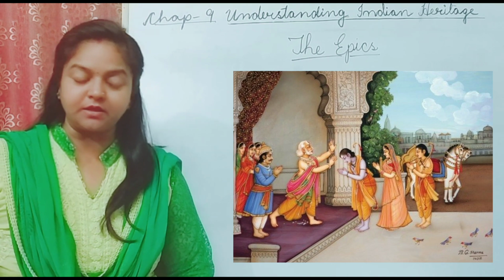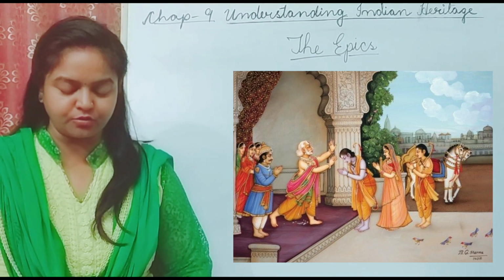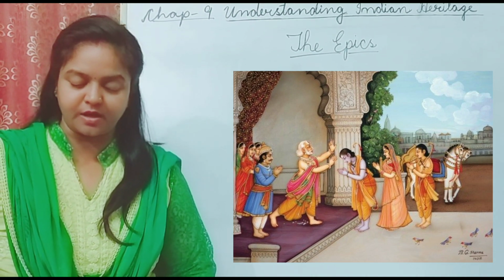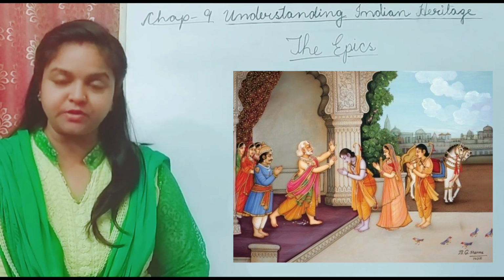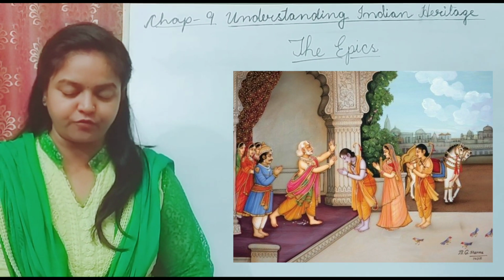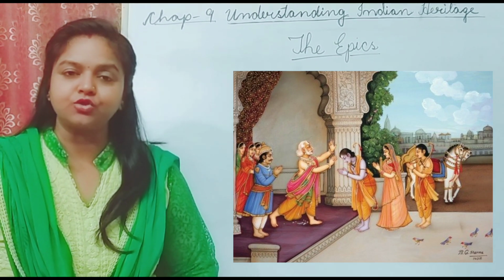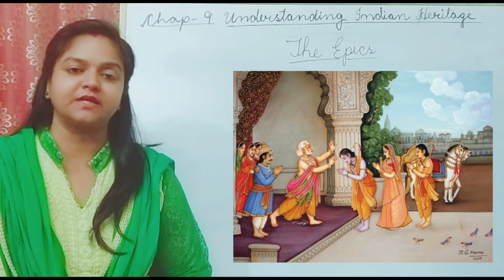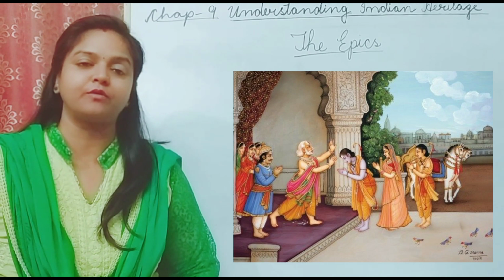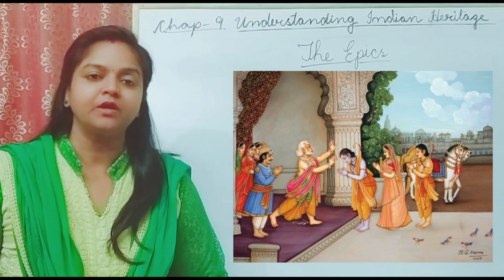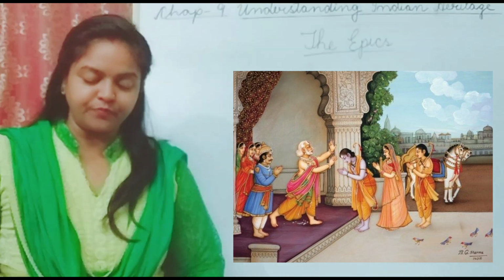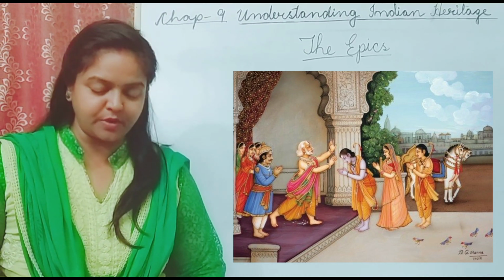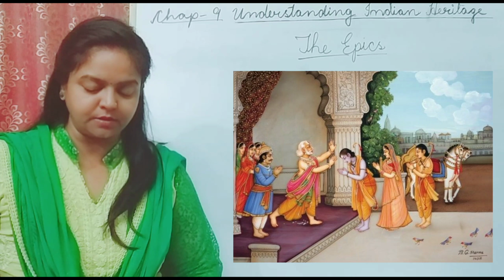So this epic, the Ramayana, describes the prince of Koshala kingdom, Rama, and his banishment. Banishment means the punishment of being sent away from a country. So he was sent away from his kingdom by his father Dashratha.